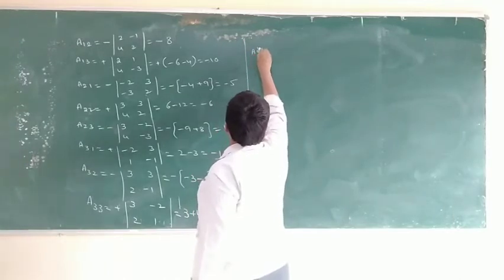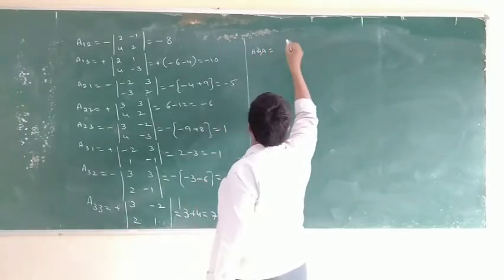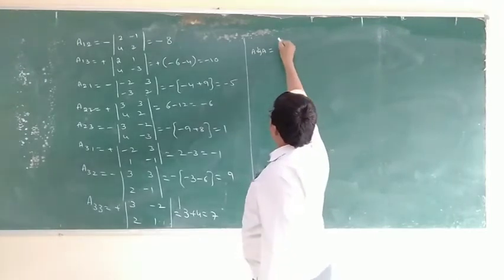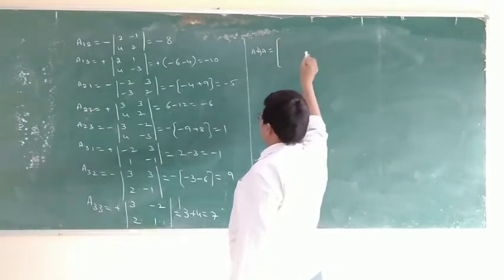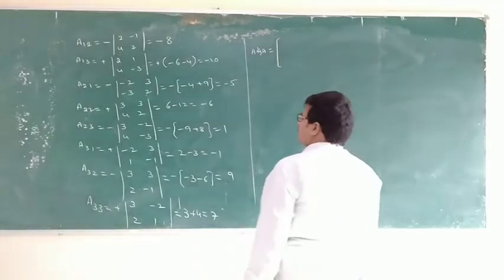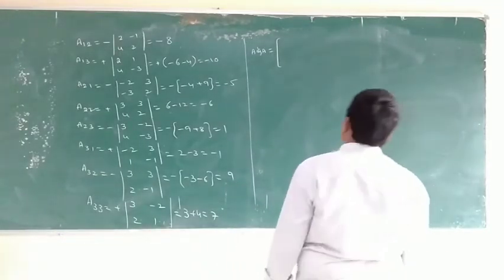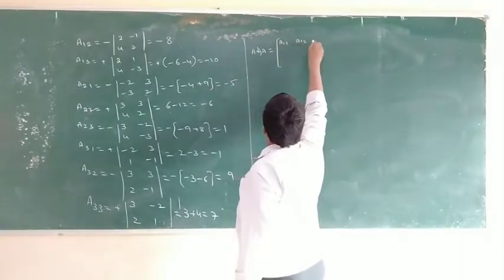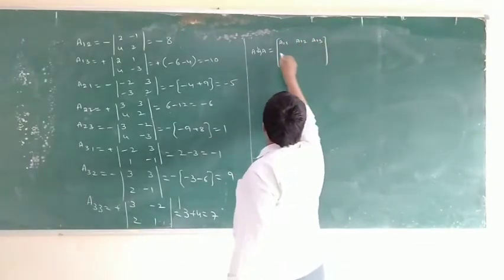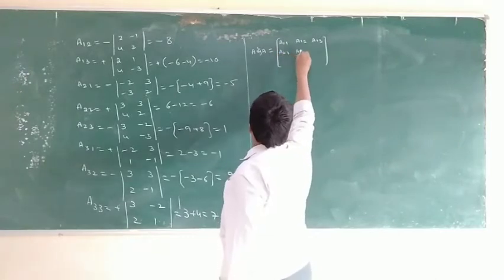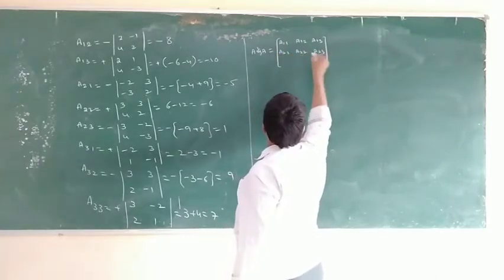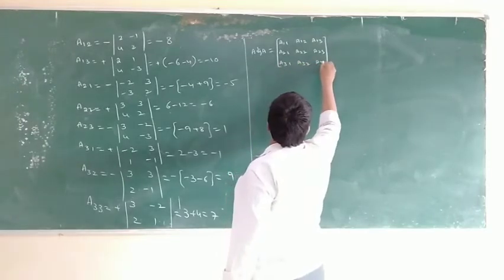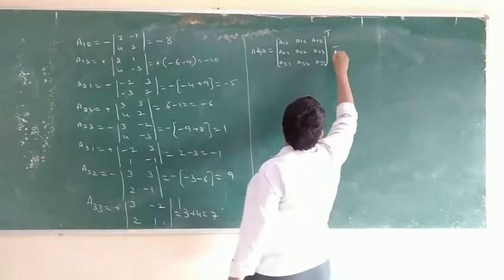Next, adjoint A is equal to the matrix A11, A12, A13, A21, A22, A23, A31, A32, A33, whole transpose.